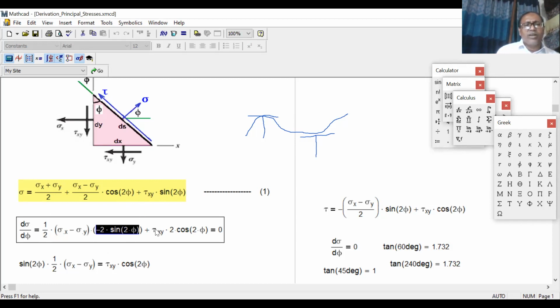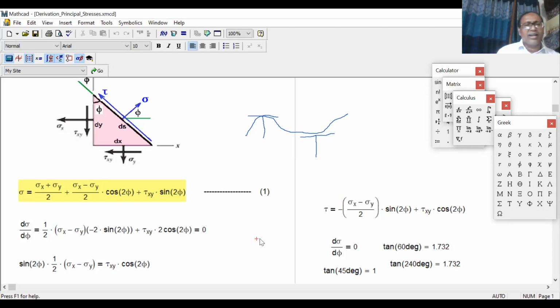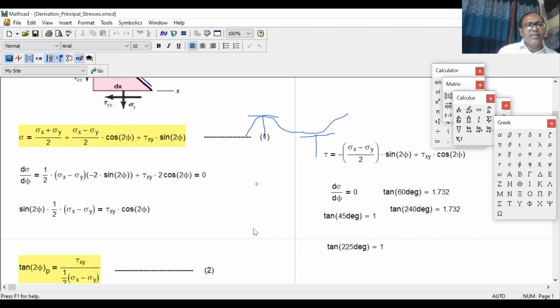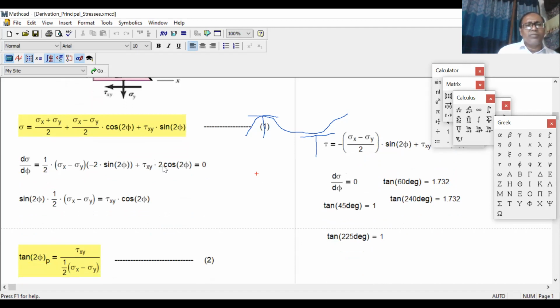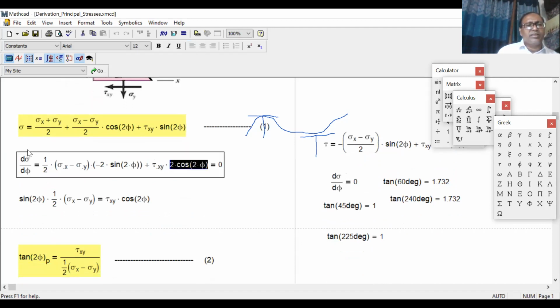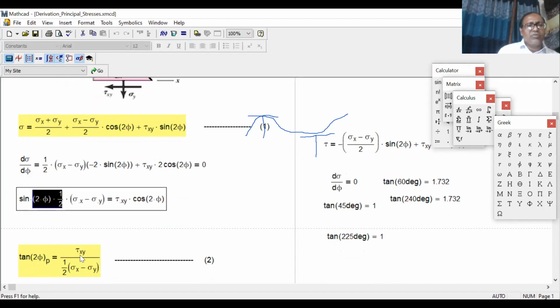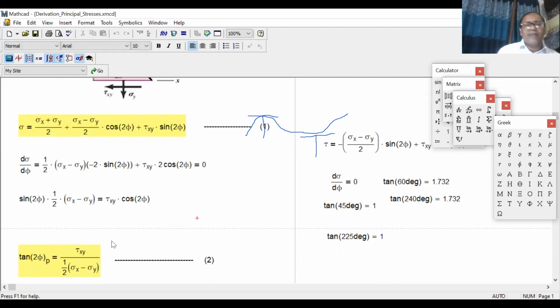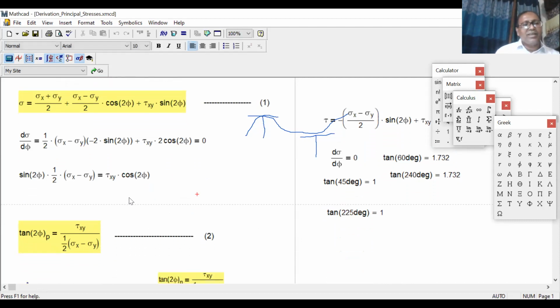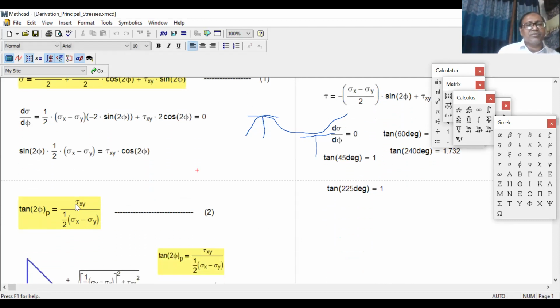Then for tau xy, the derivative of sin 2 phi will be 2 cos 2 phi. This derivative equals 0. If you simplify the equation, 2 will be out from both sides. Then you just rearrange the equation and figure out tan 2 phi. If you figure out tan 2 phi, you get this.